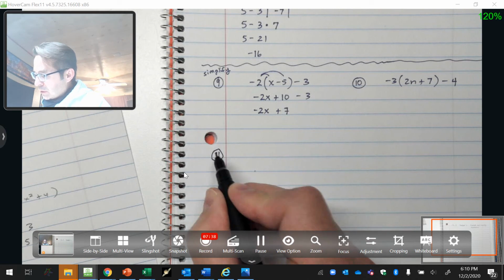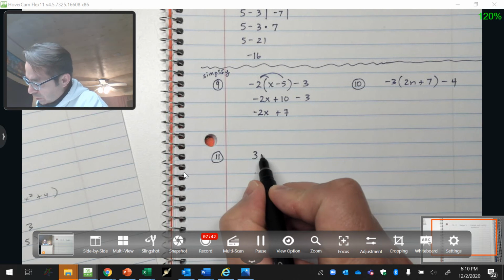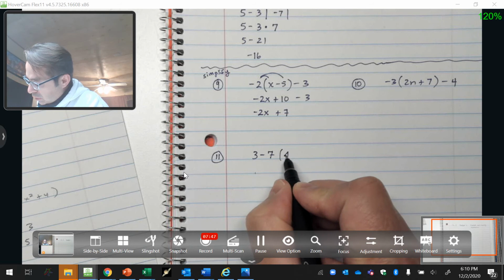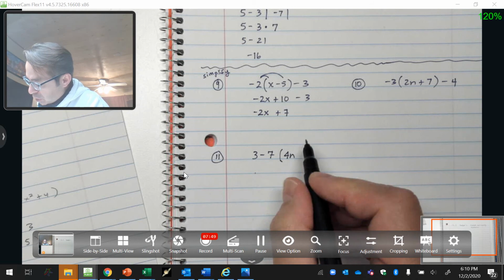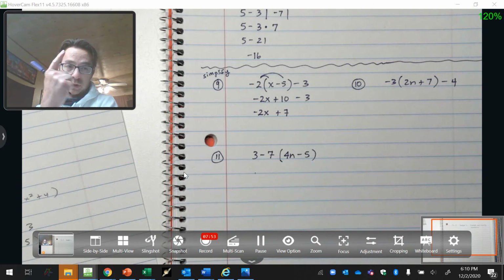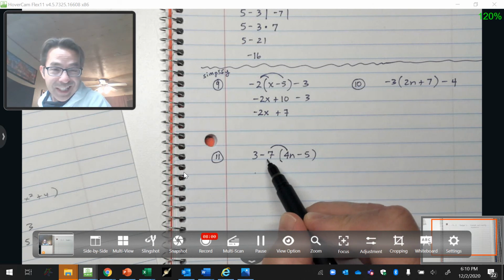Number 11 is just slightly harder, but for some reason when we write it in this order, it seems to make things much harder for students. But it's still the same 2 steps. Distribute, combine like terms. So you're going to distribute the negatives. You have to think of that as a negative 7.